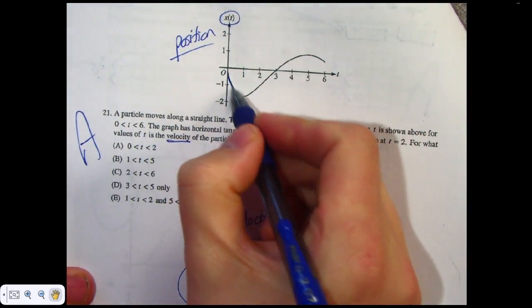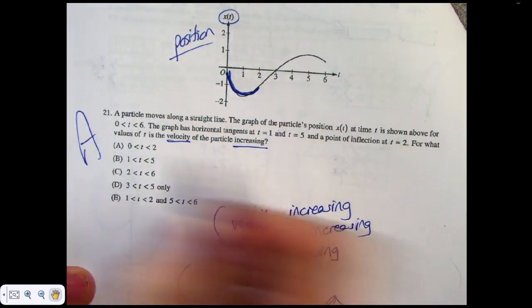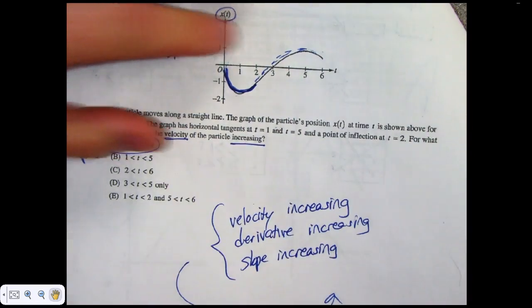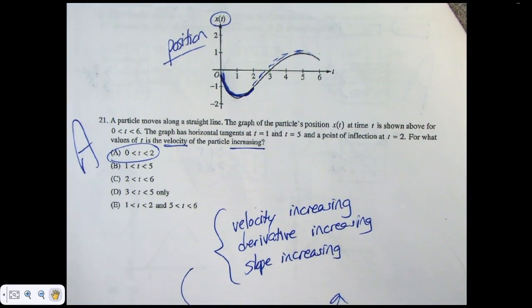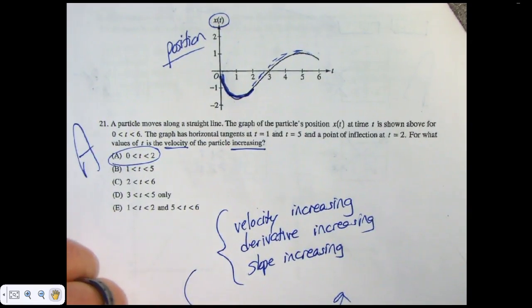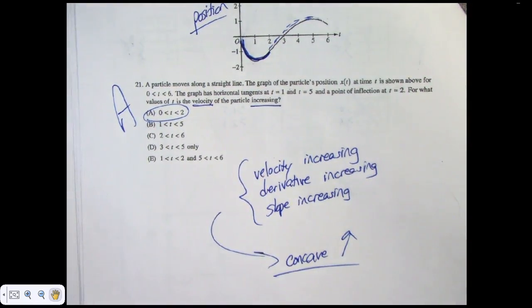So you want to know where the original graph is concave up, and that's this little section right here, because it looks like a U. So from 0 to 2, and then we get this switch, and all of a sudden it starts to look more like an N. So this is tough, because they tell you velocity, which is the derivative level. You have to get to the second derivative level to answer the question about the original graph. So you got all three levels going on in there. Once you wrap your brain around this, I think it's not bad. It can be hard to get there for sure. I think I can clarify on that one.